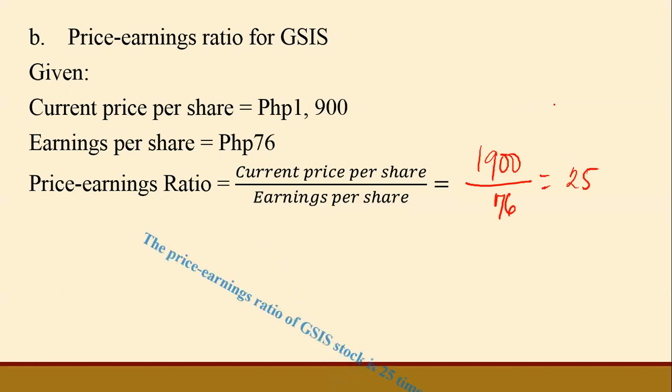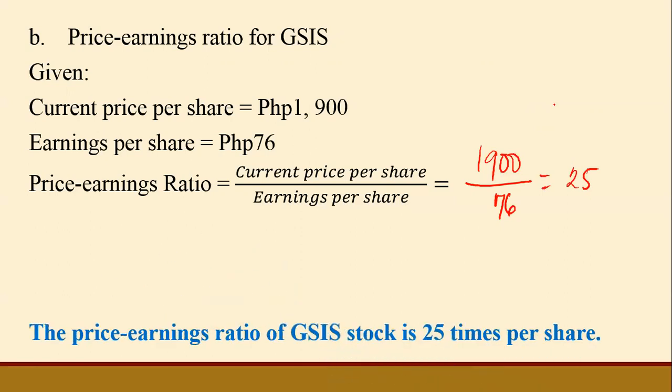So the price earnings ratio of GSIS stock is 25 times per share. The price earnings ratio is not a perfect guide to future market behavior of a stock. Occasionally, a low price earnings ratio implies that the stock is undervalued in the market, in other words, a good buy. At times, a low price earnings ratio denotes that investors see a poor future for the company.